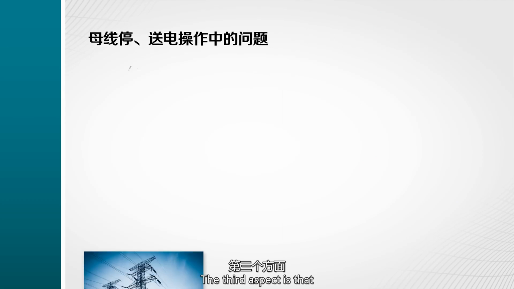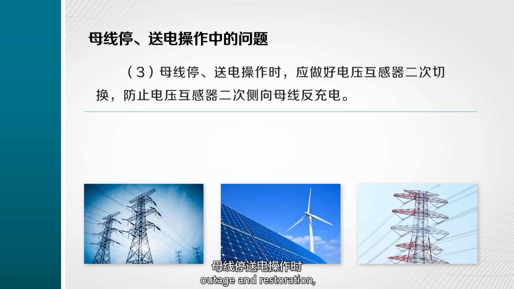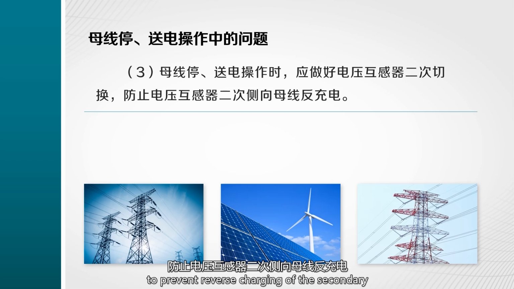The third aspect is that during the operation of the busbar power outage and restoration, the secondary switching of the voltage transformer should be done well to prevent reverse charging of the secondary side of a voltage transformer into the busbar.